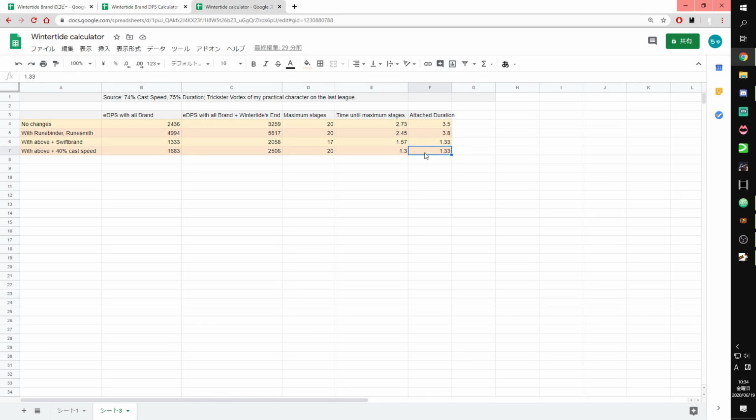Attached duration is 1.33. Maximum stage is 20. But the DPS is not high, not higher than with Rune Binder and Rune Smith. Effective DPS is also the same outcome.